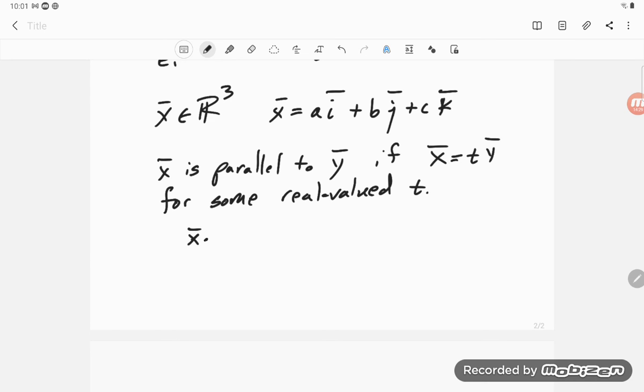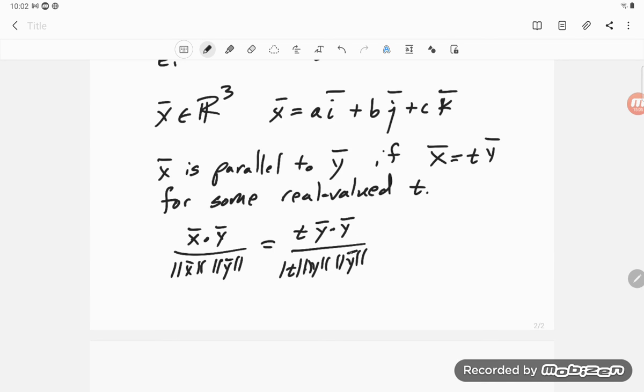if I were to take X dot Y over the norm of X, the norm of Y, then what I get is t times Y dot Y over the absolute value of t times the norm of y times the norm of y when I make that substitution for x.